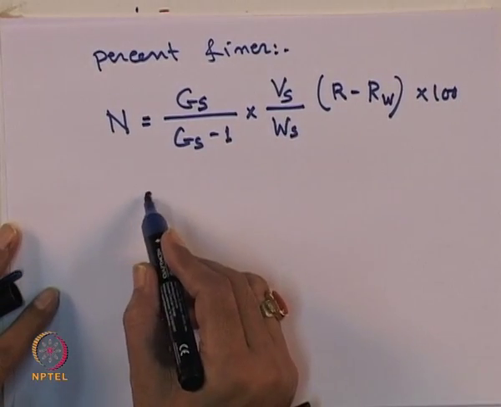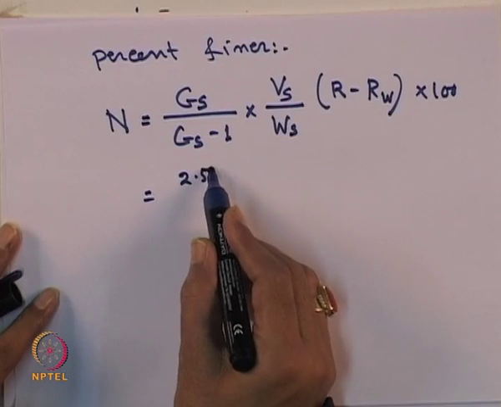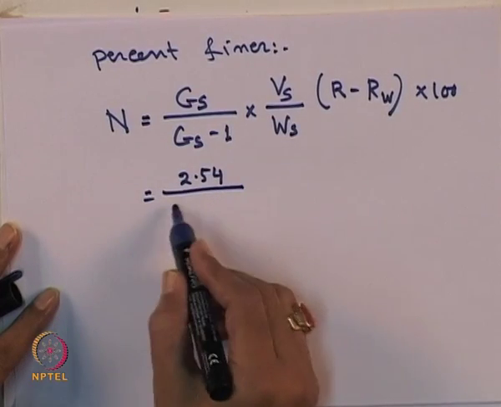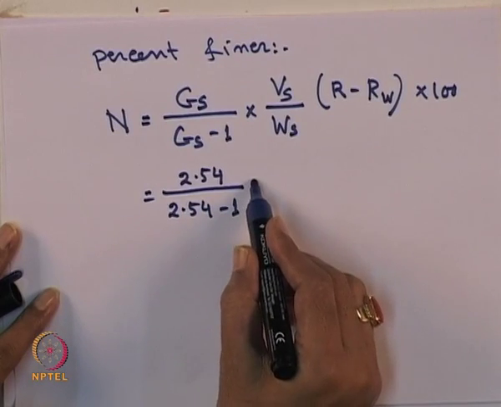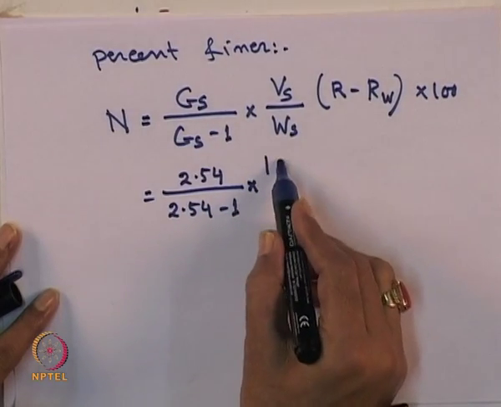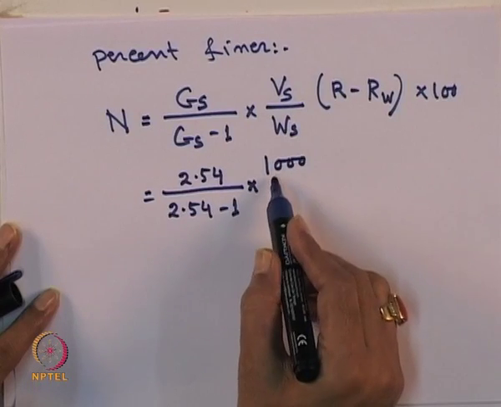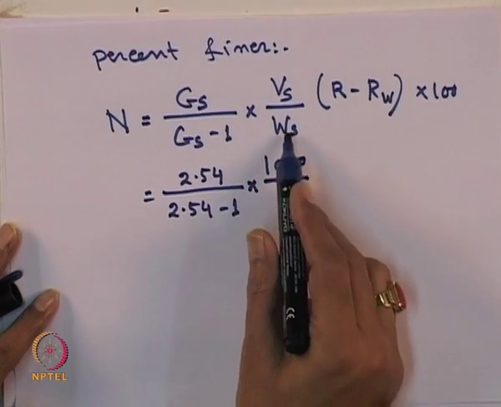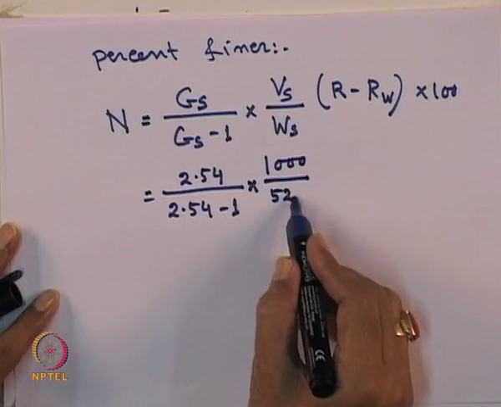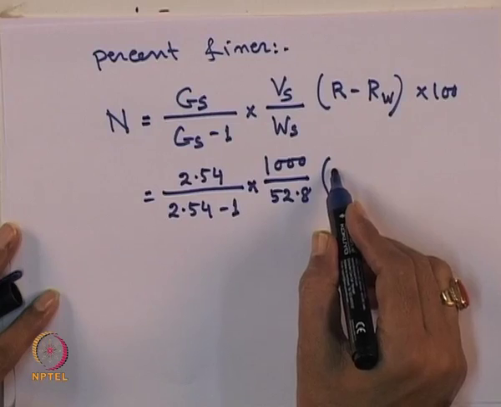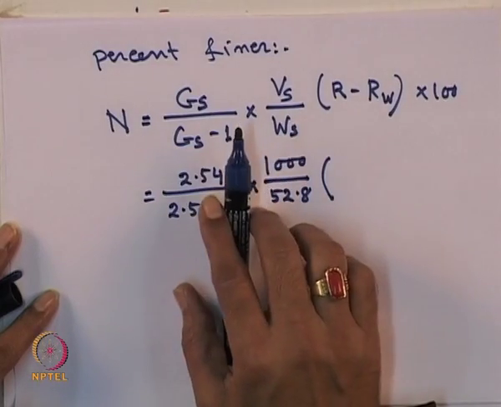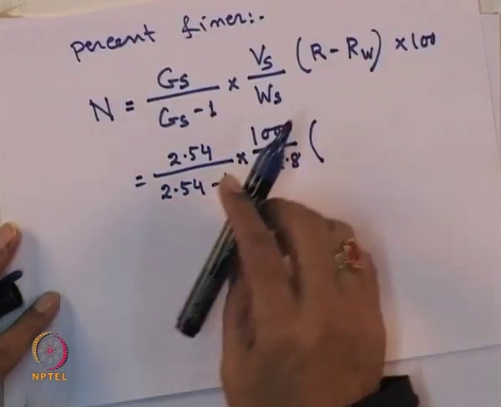So, you know that Gs is 2.54, this divided by 2.54 and this minus 1, into the volume of suspension, which is 1000, and this W of s is 52.8, into R minus Rw. The R value and Rw value are also recorded.